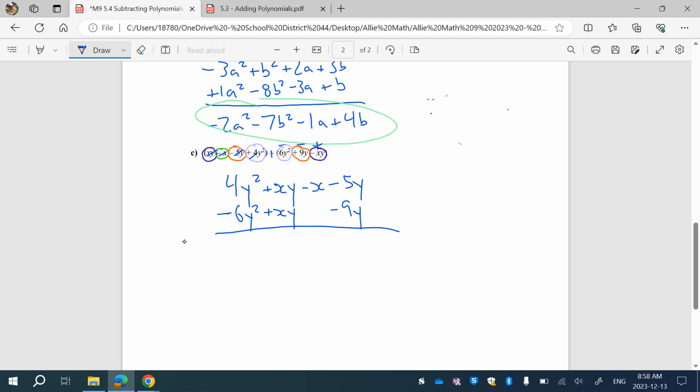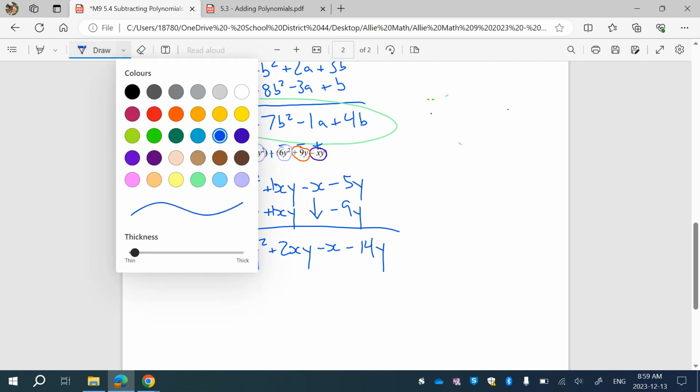So now we've got 4 plus negative 6 is going to leave us with negative 2y squared. Remember our invisible 1 right here. So we now have plus 2y or xy. This negative x is just going to come down by itself. And now we have a negative 5 plus a negative 9 is going to leave us with negative 14y. And that there is our final answer.